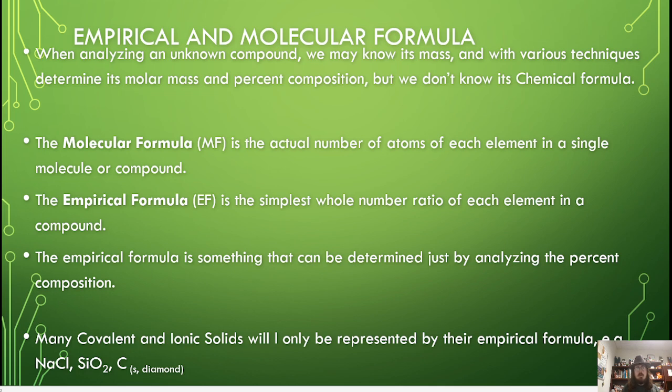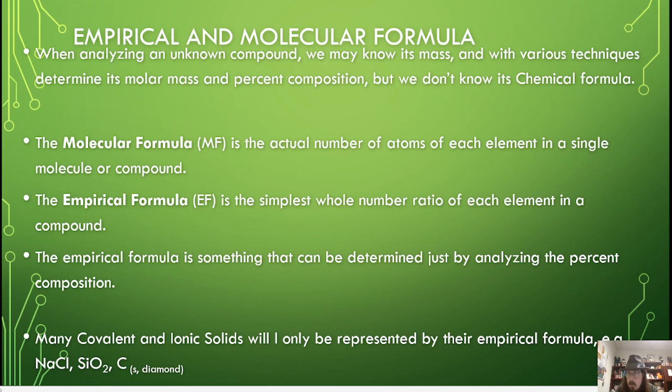So before we go deeply into that, we need to discuss the difference between molecular formula and empirical formula. The molecular formula is essentially, if you have a distinct molecule, the actual number of atoms of each element present in a single molecule of a given compound.